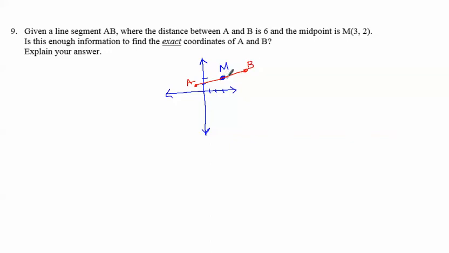And that line does have a midpoint of M, but someone else might choose this other line, A and B up here, and still have the same midpoint. So there's many lines that could have this same midpoint. So as it is, we do not have enough information to find the exact coordinates of point A and B.